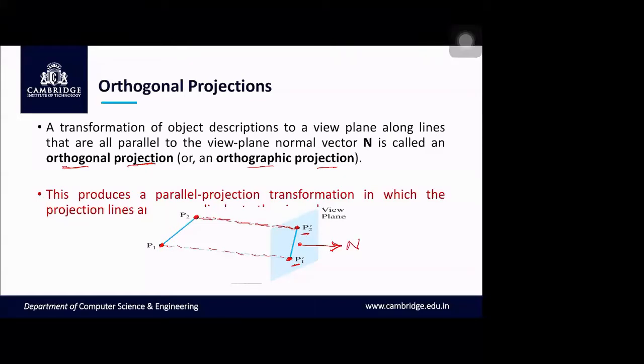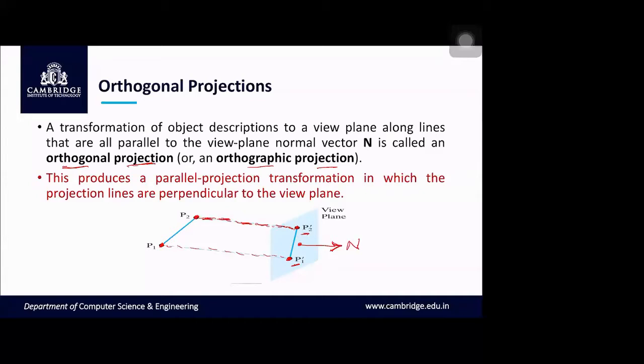That is another way of explaining parallel projection transformation: these dotted lines are perpendicular to your view plane. It is perpendicular to the view plane, but parallel to the normal vector.